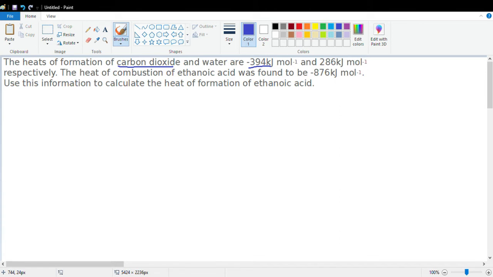So we're forming carbon dioxide here, CO2, in its standard state is going to be a gas. And we're forming it from its elements. So its elements are carbon and oxygen, and they both need to be in their standard state as well. Carbon standard state is a solid, and oxygen is going to exist as O2, and it's going to exist as a gas. So that's our heat of formation reaction for carbon dioxide.